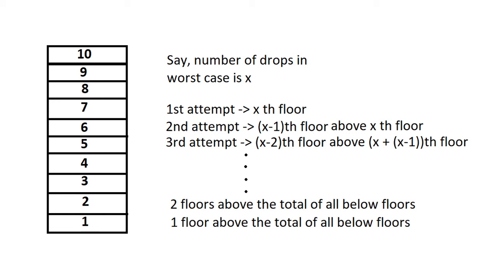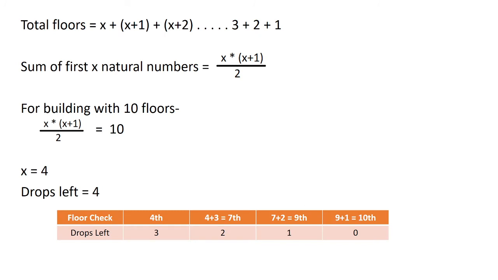That is, we did not fall short of the total number of floors in the building. We can also write it like this: the total number of floors in the building should be equal to the sum of all step sizes. These step sizes, if we look closely, are the first x natural numbers, and the sum of the first x natural numbers is x times (x plus 1) divided by 2.